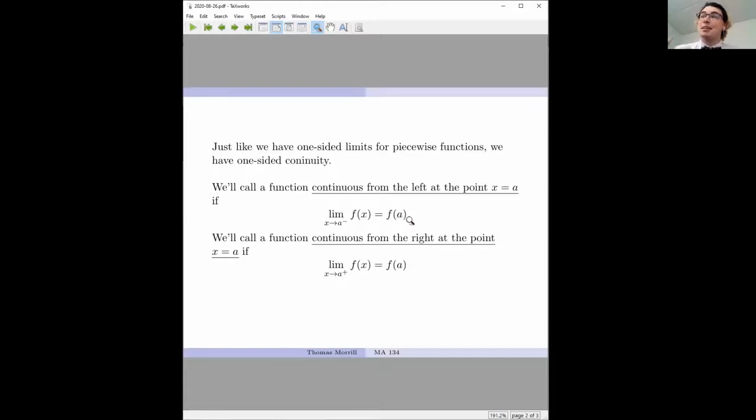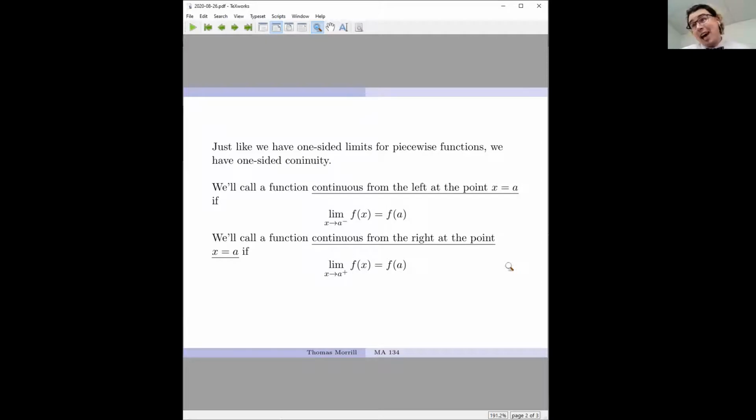So just like continuous functions have the limit as x approaches a of the function f equal to the evaluation of that function at coordinate a, I can do the same trick with a limit coming in from the left. I call that left-sided continuity or left-hand continuity at the point a.